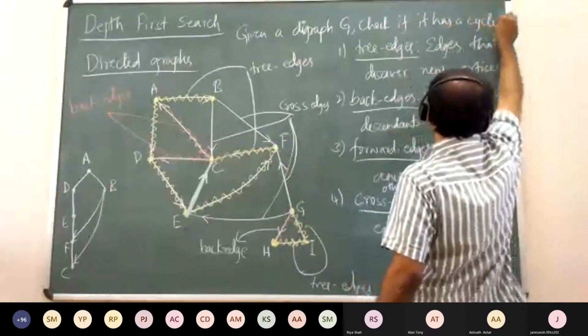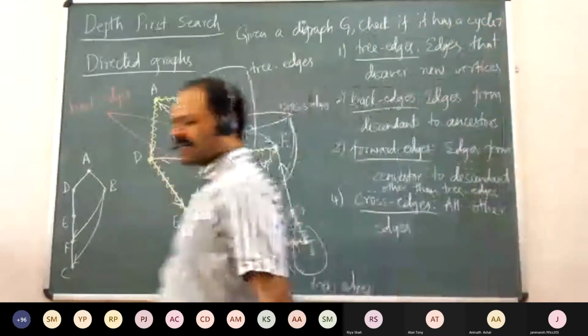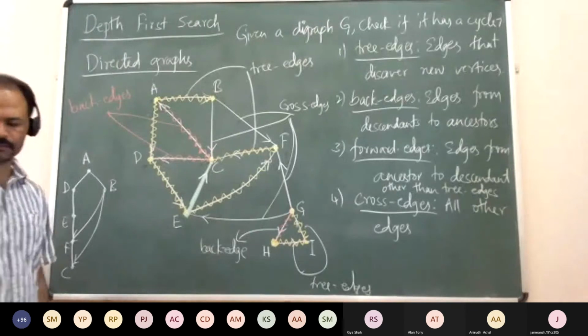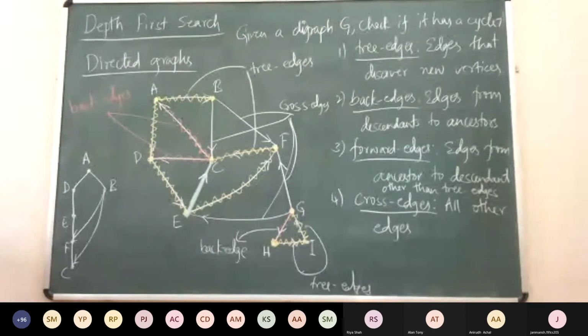When we say cycle here, it's a directed cycle, right? We want to check if there exists a directed cycle in the directed graph that is given to us as the input. Now, can we use a similar strategy as before? If there exists a back edge, then there exists a cycle. Otherwise, there doesn't exist a cycle.